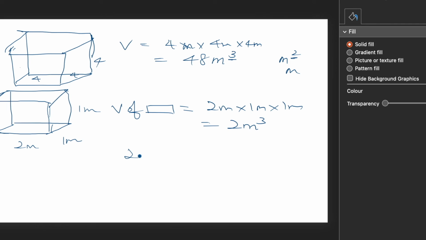So it's 2 meter cube. The whole container of this square, right, cubic, right, is actually the total volume in meter cube. So this is the fraction. So I have to reduce it to the simplest form.